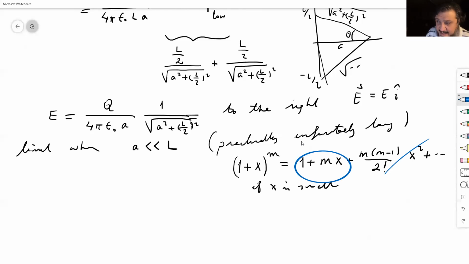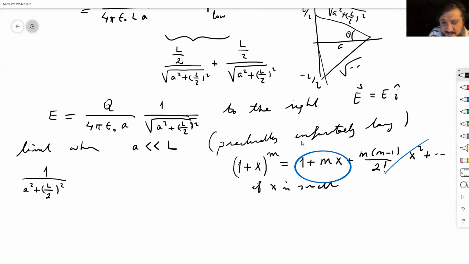So if you apply that to this function here, how am I going to do that? I need a small number. I know a is small, much smaller than L. I know that. So if I take this L out, so here, 1 over the square root of a squared plus L over 2 squared.